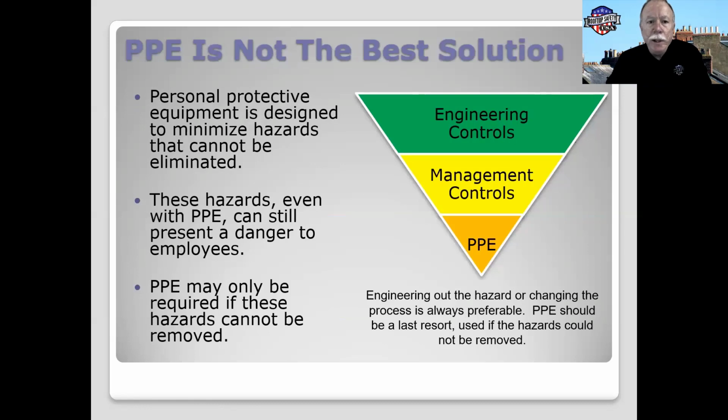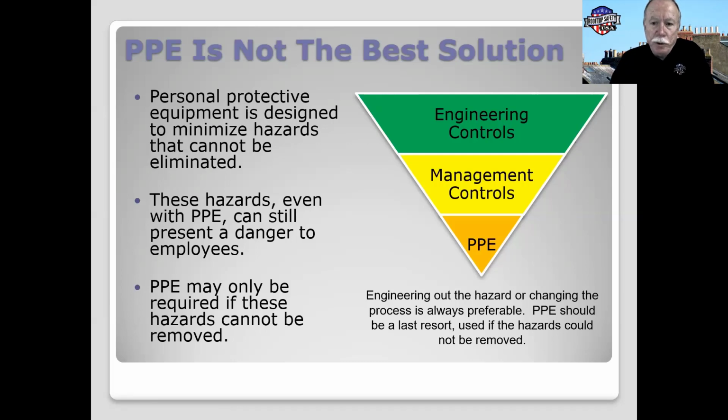And PPE is not the best solution to preventing hazards. OSHA would rather see you engineer those hazards out of the process, so controlling them before you get to PPE. PPE is kind of like the last resort, when you can't figure out how to engineer a safe solution, then you use PPE.